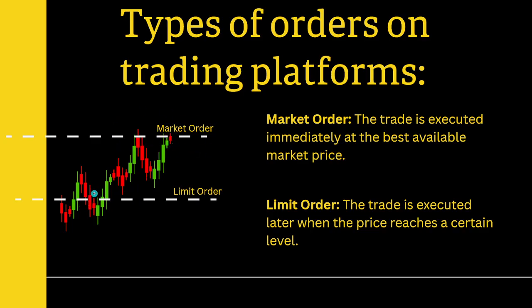I want to buy at a level below the current price. I want to buy cheaper. Then I have to set a limit order here and wait for the price action to come down, trigger my order here, and then this will make me enter the market. So the difference is this is instant and this is a pending order.